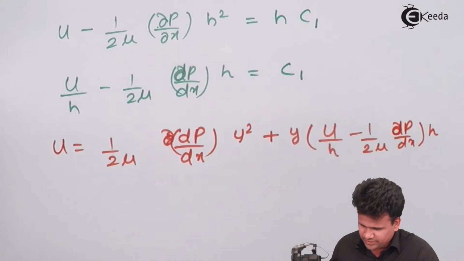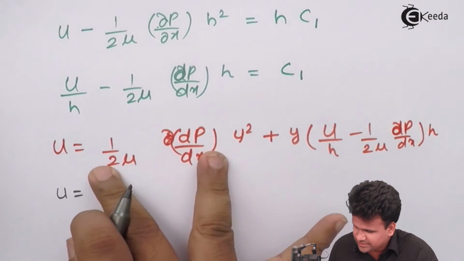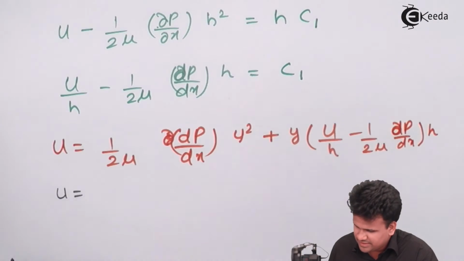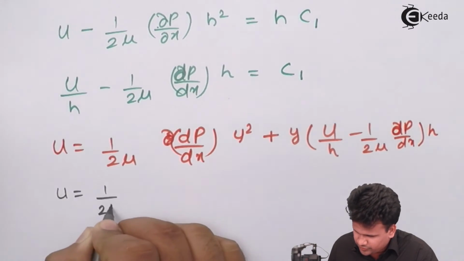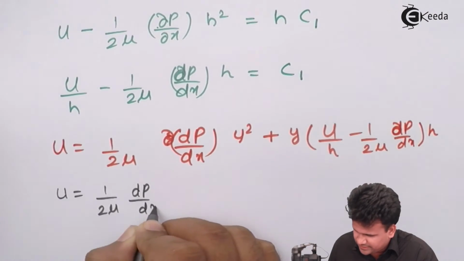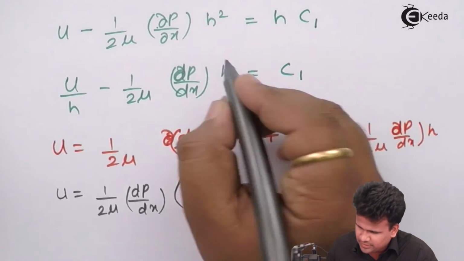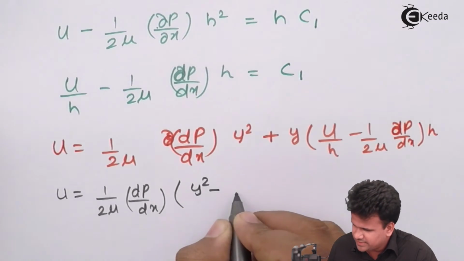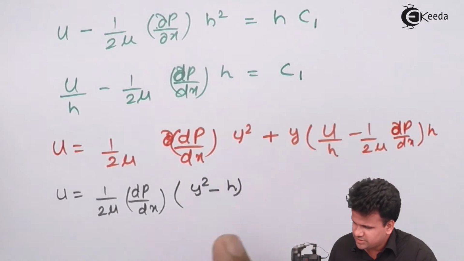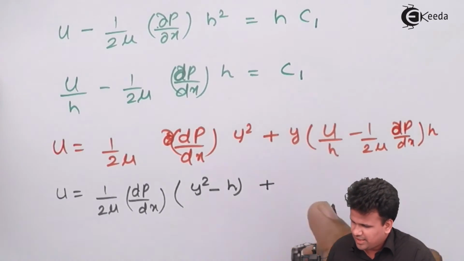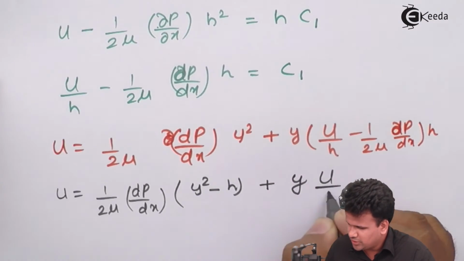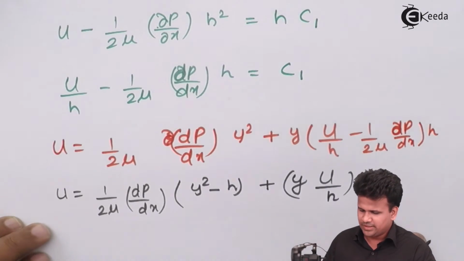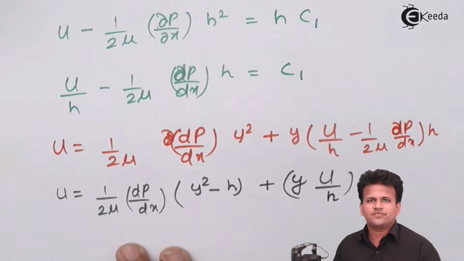We take 1/(2 mu) dp/dx common from these two terms, so we have 1/(2 mu) dp/dx into (y^2 minus y*h), plus the second term, y into U/h. So this is the solution of this equation for a Couette flow.